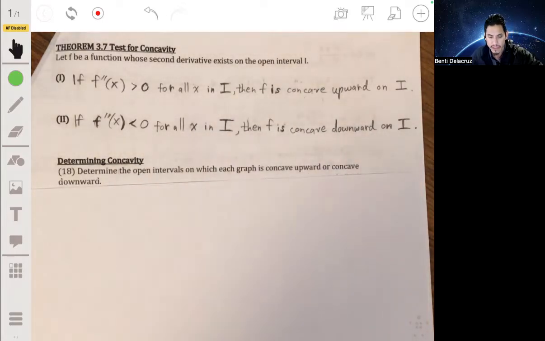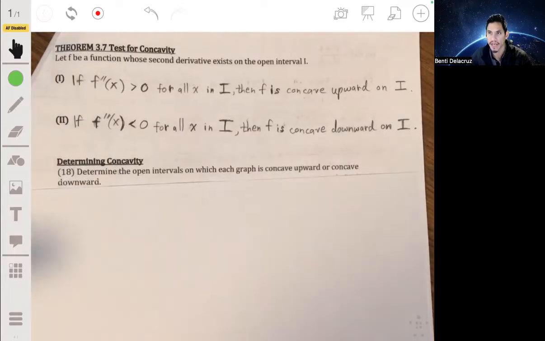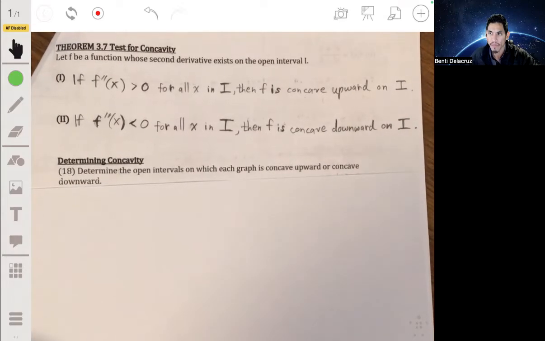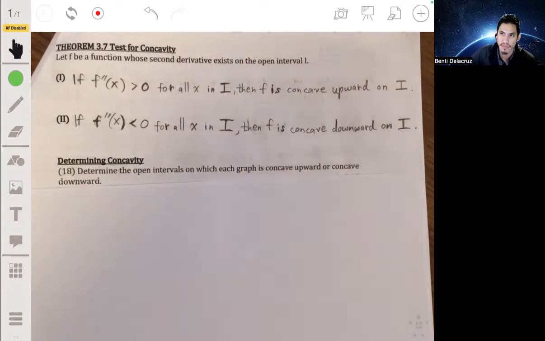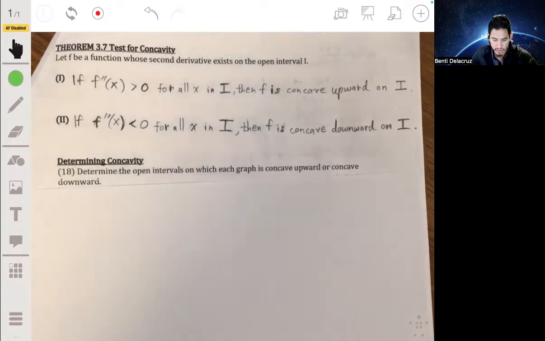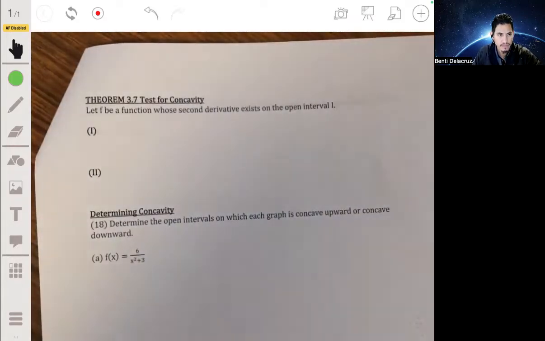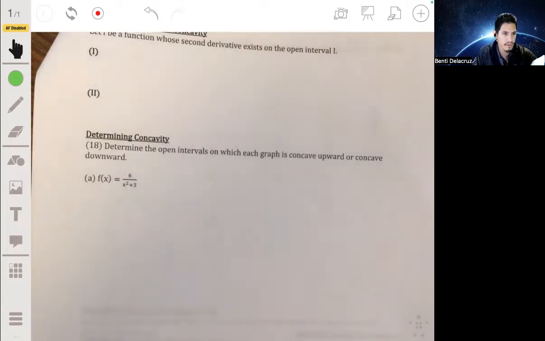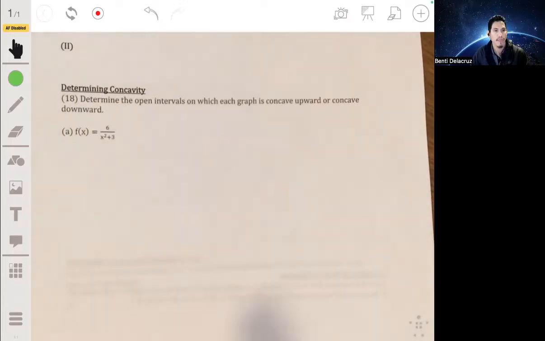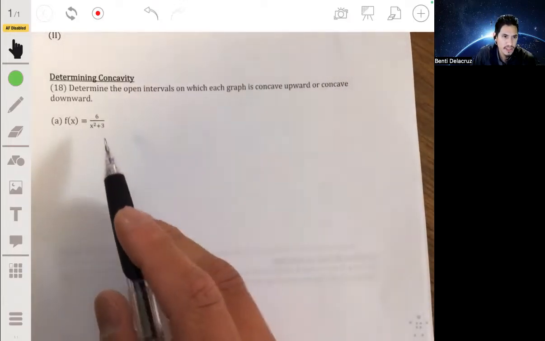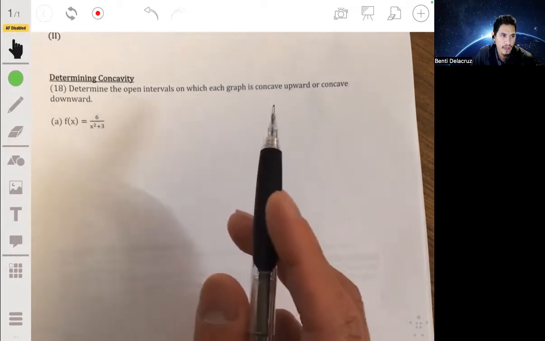So let's go through a practice problem so we can really apply this stuff and learn what it means more deeply. Let's go through problem 18 here. Okay, so we want to figure out where the graph of the function is concave up or concave down.